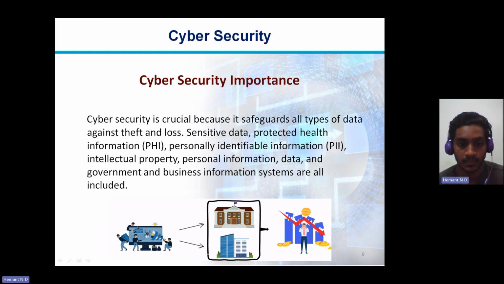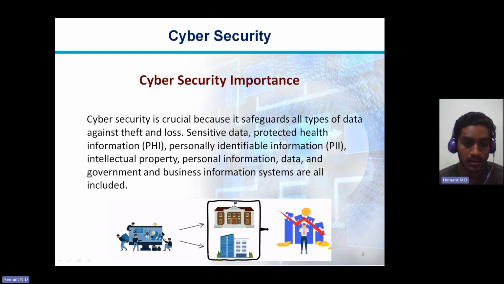Just take an example here. Considering this as the host, or various host computers here, which are being tried to be hacked by one or various hackers. Considering this as the host for some bank organization or some hospital or some college which has a lot of money flow in and out of the organization.